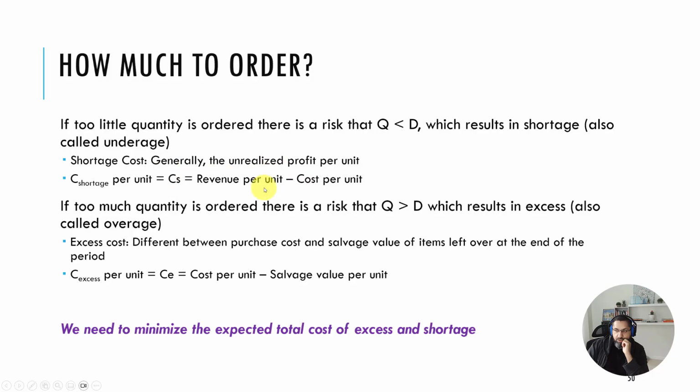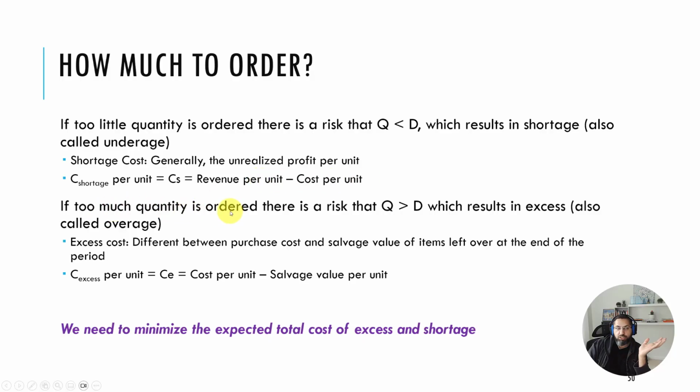Because you lose that gross profit from the sale because you didn't have enough inventory. This is the shortage cost per unit. And then how many units do you have a shortage for? That's the difference between D and Q. D minus Q is the number of units you could not sell because of lack of inventory. And per unit, the cost is C shortage, which is revenue minus cost per unit.